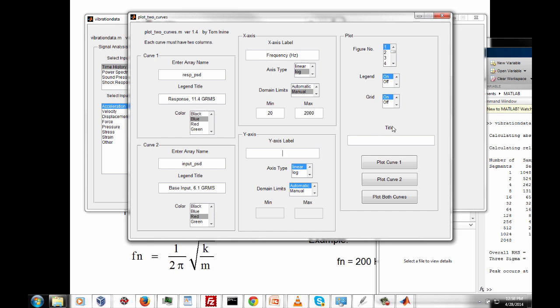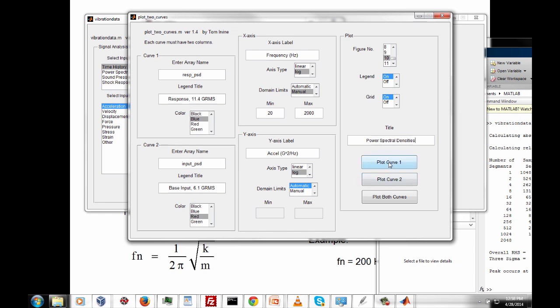The y-axis is now going to be acceleration in g² per hertz. Make that a log plot. We're going to use automatic limits. Figures, sometimes we might already have an existing figure 1, so that could be a potential conflict. I'm just going to say figure 10, legend on, grid on, and I'm just going to say power spectral densities.